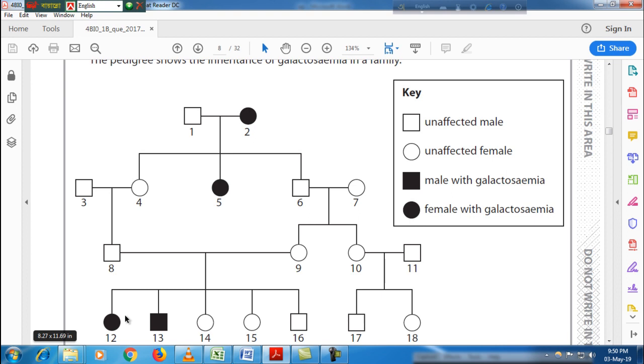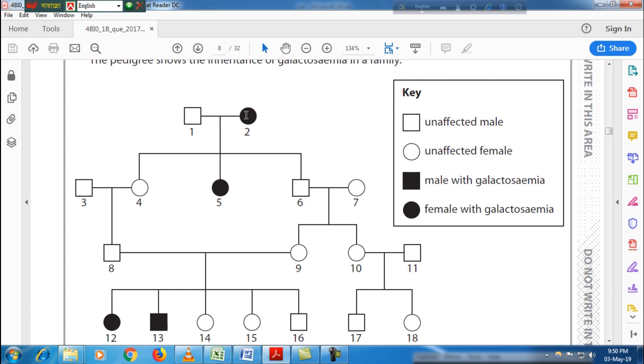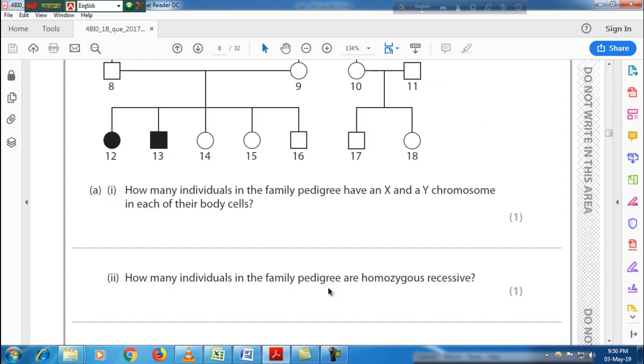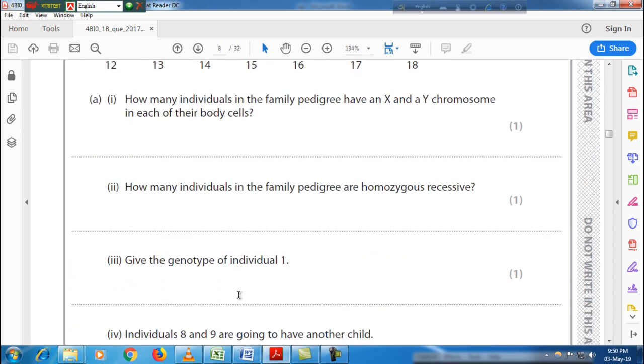Only galactosemia will happen to those who have homozygous recessive allele small letter g. So in this diagram how many are we finding? 1, 2, 3, 4. So the answer will be 4 homozygous recessive.